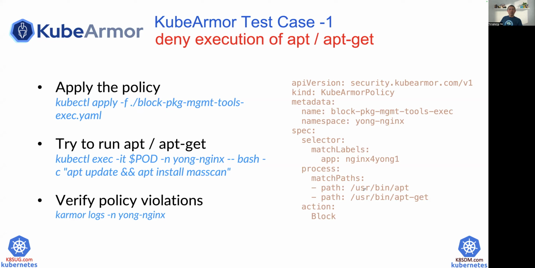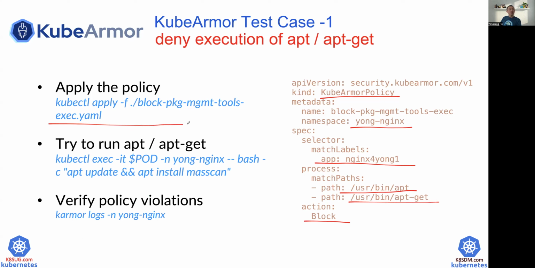So I'm going to create the KubeArmor policy here, and apply it to this particular namespace, these particular containers, and which path. I'm going to block the package management tools listed here. The action is block.